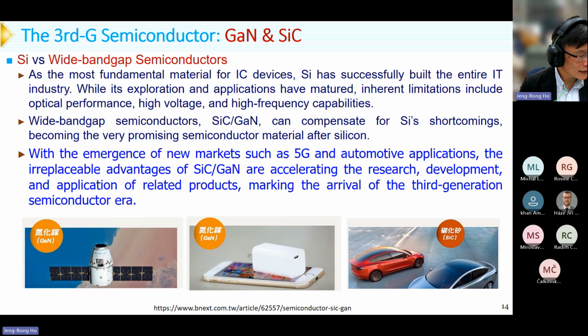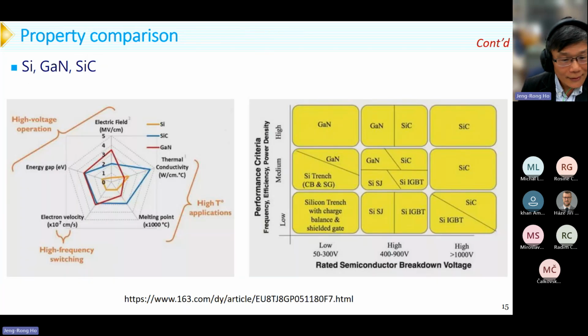And this one is for communication application, satellite communication. And this one is for charging devices, and silicon carbide is the key semiconductor material for charging of EV.